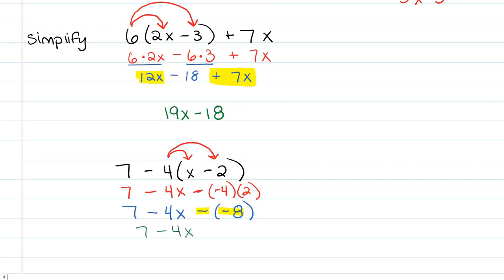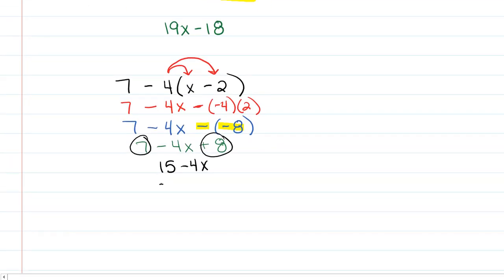So 7 minus 4x plus 8. Combining our like terms, we have 15 minus 4x. And let's get in the habit of writing the variable first. So negative 4x plus 15 is the same thing.